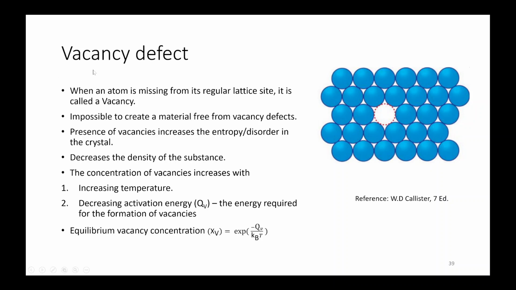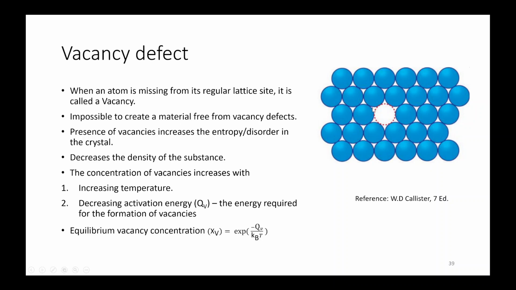Now, a very important defect is the vacancy defect. These are the empty atomic sites. When an atom is missing from its regular lattice site like this, it is called a vacancy. It is impossible to create a material free from vacancy defects.